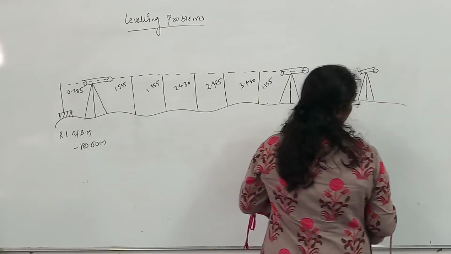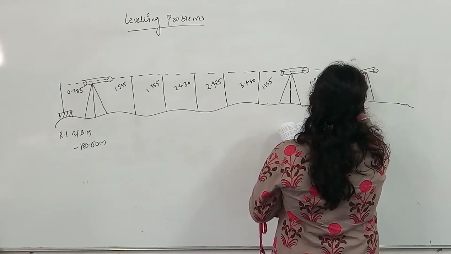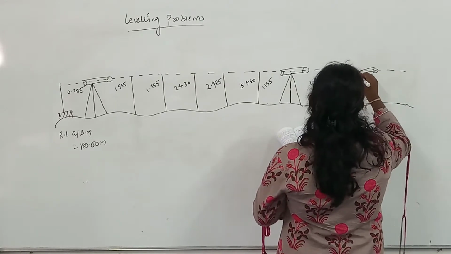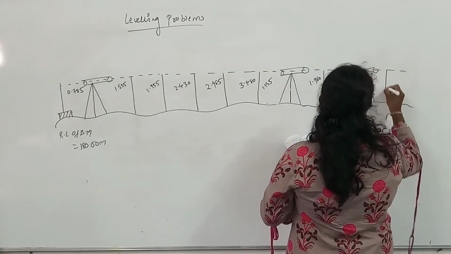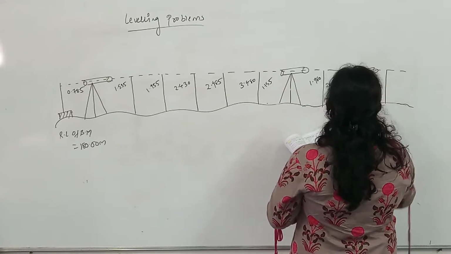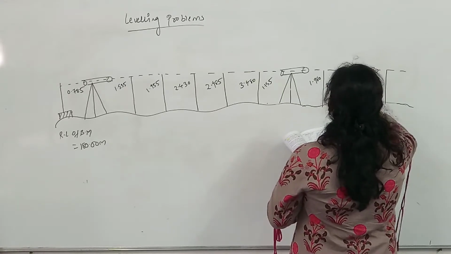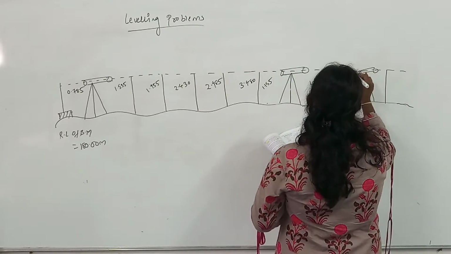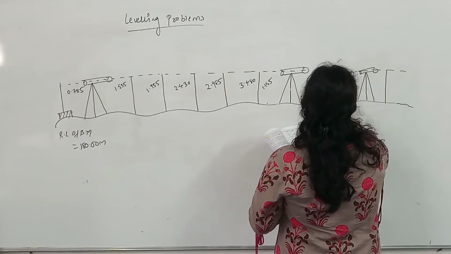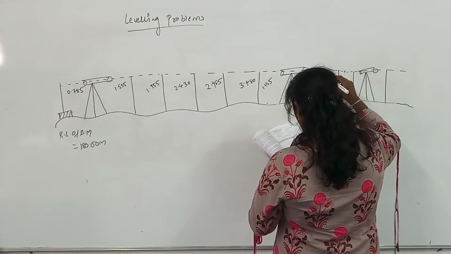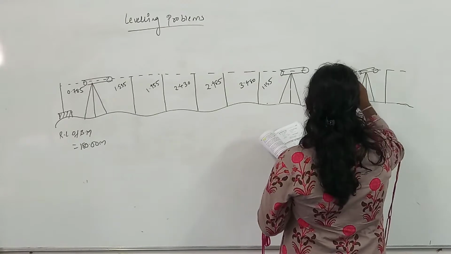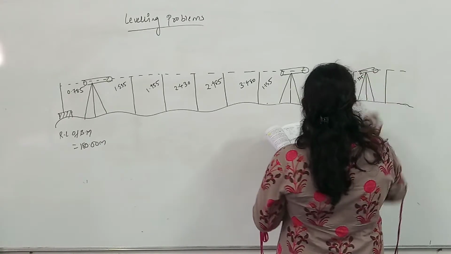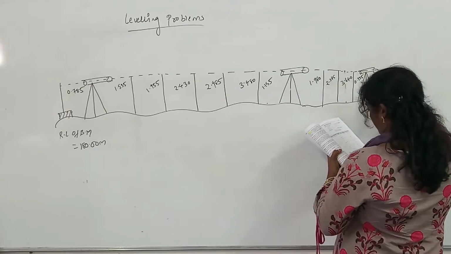Next, 3.640, then 0.365. Here the last values: 0.935, 0.935.